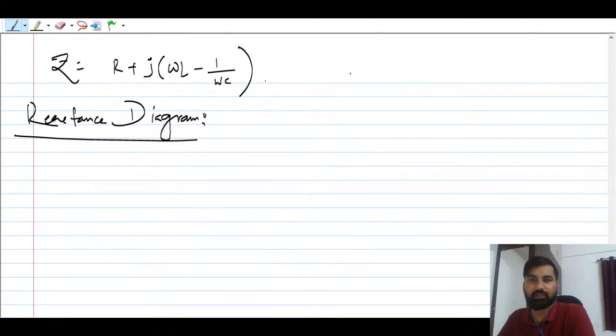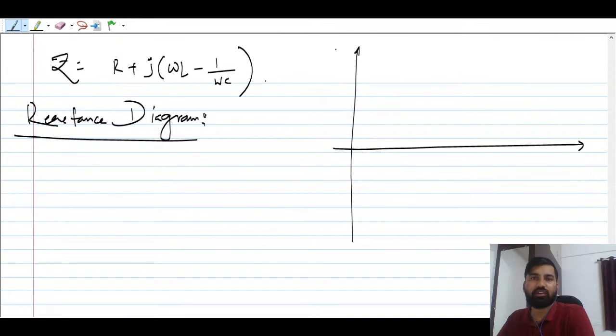Suppose this is j times X, the reactance that I'm talking about, and this is omega, the frequency. Now, if I talk about XL, XL is directly proportional to omega, that you can understand.